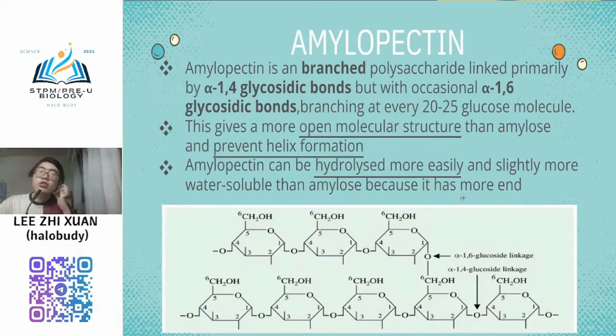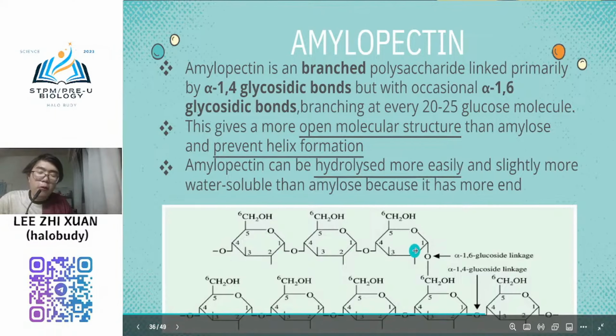Another one I need to focus on is the branched structure. We call it amylopectin. Amylopectin forms the branched structure. In this one, if you see this single line, the bottom part is amylose, and this part is also amylose.